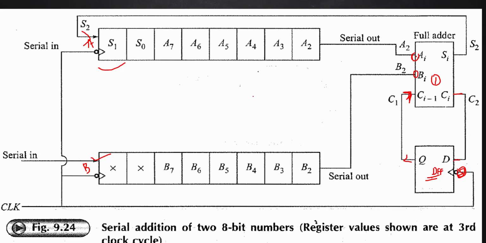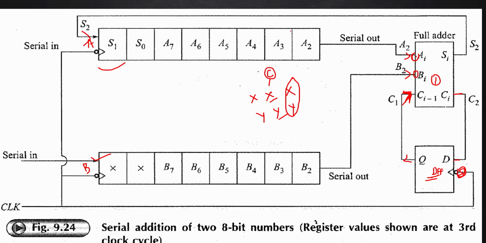Okay, so what is the logic? Suppose you are going to add two numbers. After adding these two, it will generate some carry value. That carry value comes as an input here only after the next clock pulse. After getting the new x and y values over here, the previous carry value comes here.